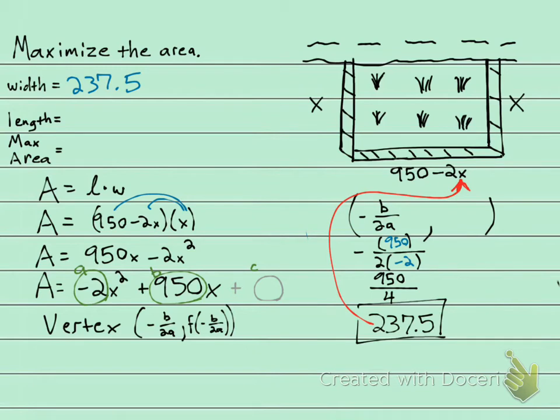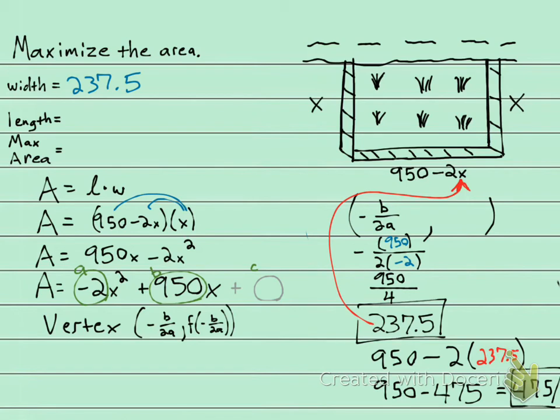So the length is 950 minus 2x, and the x is 237.5. And let me use my calculator. 950 minus 475 is 475. And that is my length, 475.